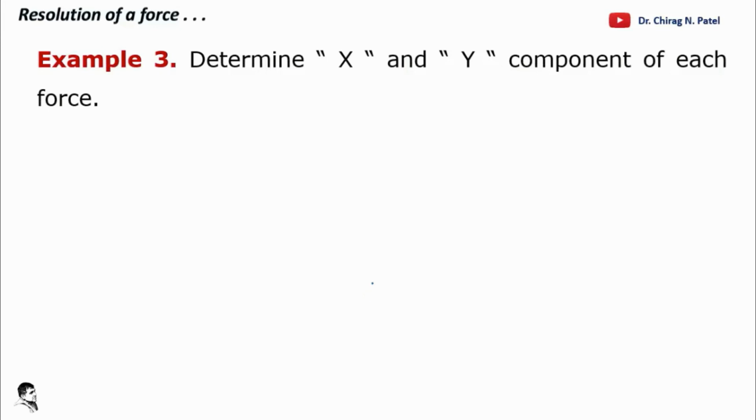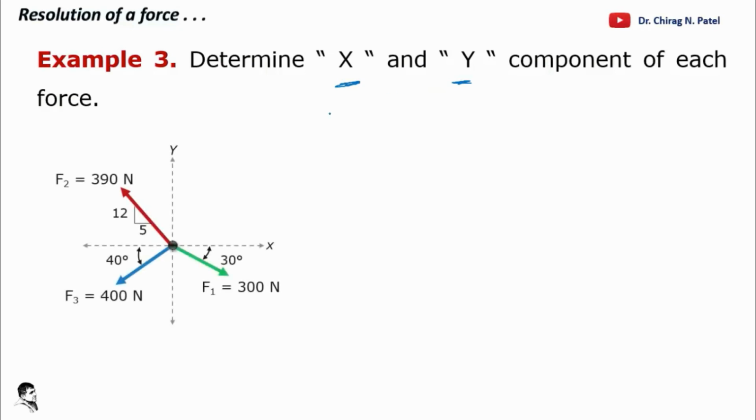One more example if we take here, that is the determination of x and y components for this system of forces. So here first F1 is a force of 300 Newton, and that makes a 30 degree angle with horizontal x.